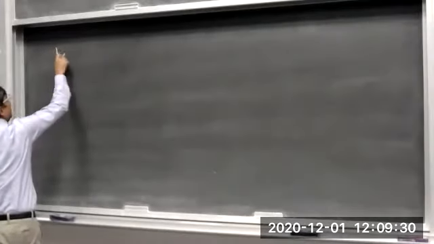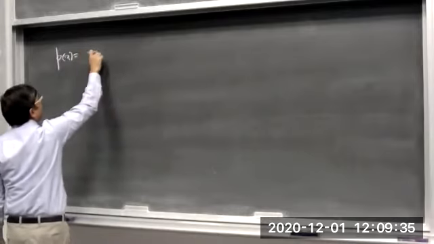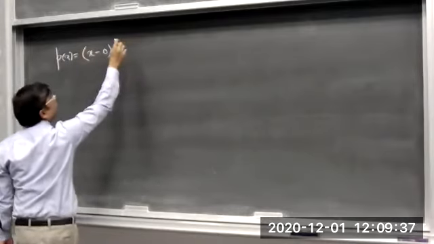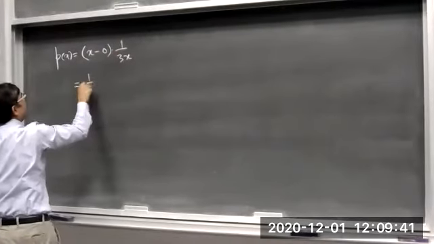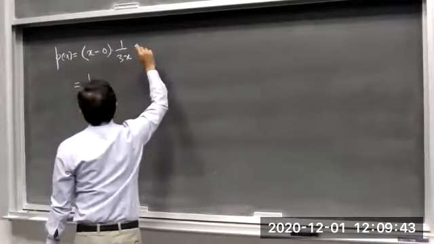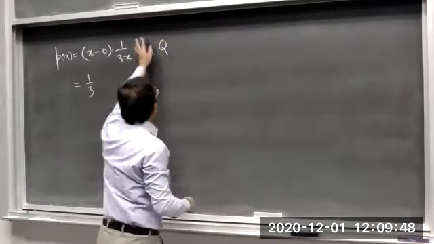So small p of x is x minus 0 times capital P of x, which is 1 by 3x. So it becomes 1 by 3 because x cancels.